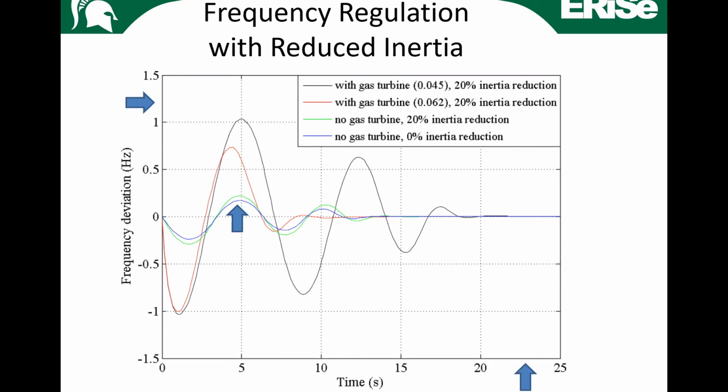Now if you have a 20% inertia reduction as a result of displacing some of the conventional generation with wind or solar, then you see the green curve. So you can see that the deviation is a little more, and it takes a little longer to settle. Now why did we look at the effect of gas turbines? Because a lot of gas turbines are being built all over the system to provide ramping capability.